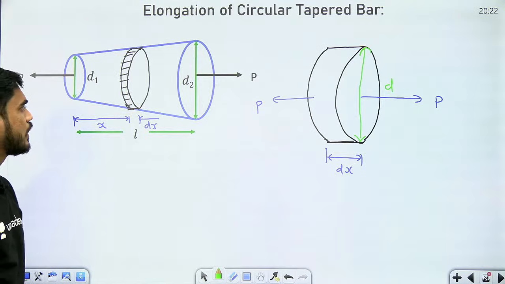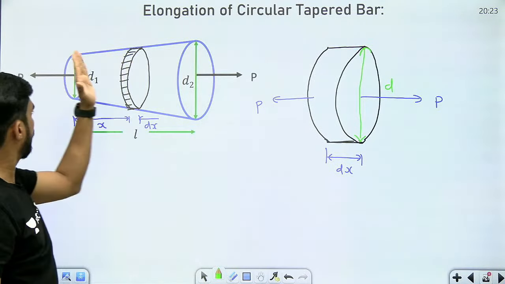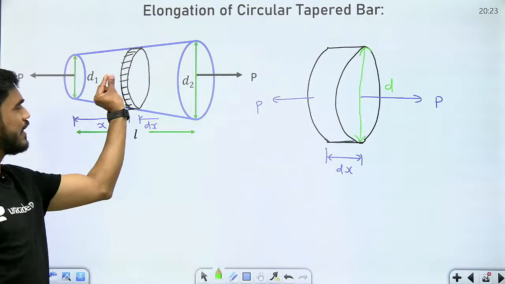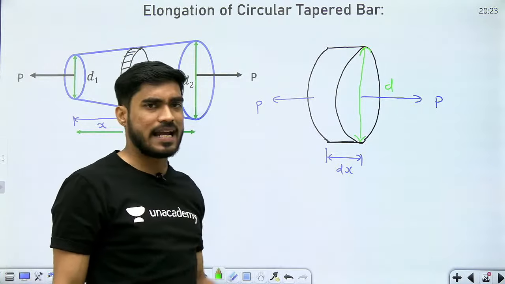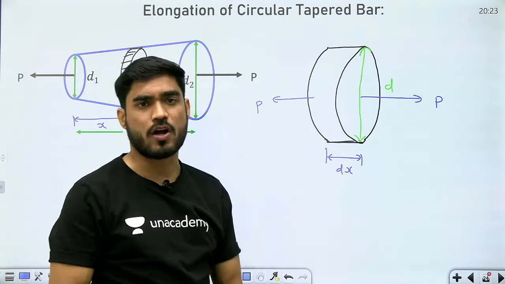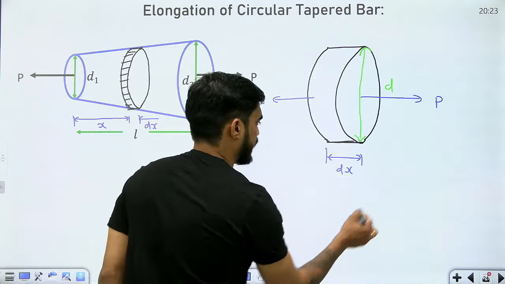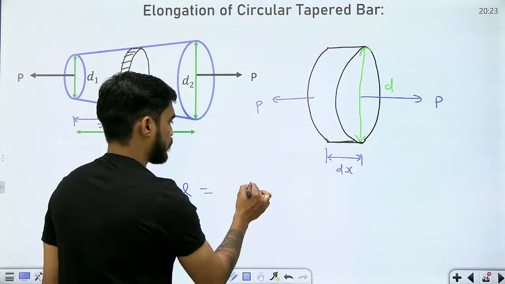Right now, actually the diameter is changing from left side to right side, d1 to d2. But if I consider a very small piece, can I assume that diameter is almost constant?